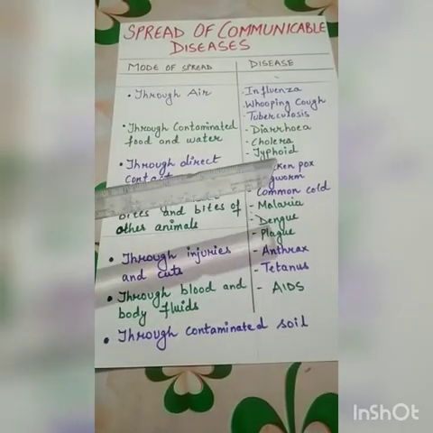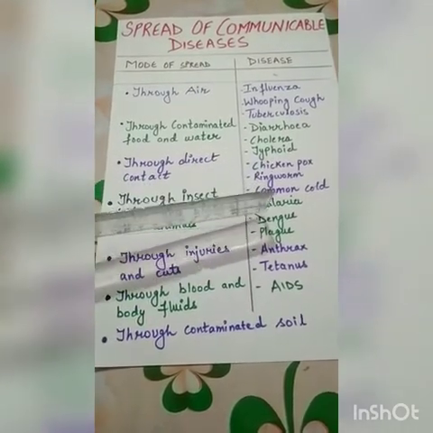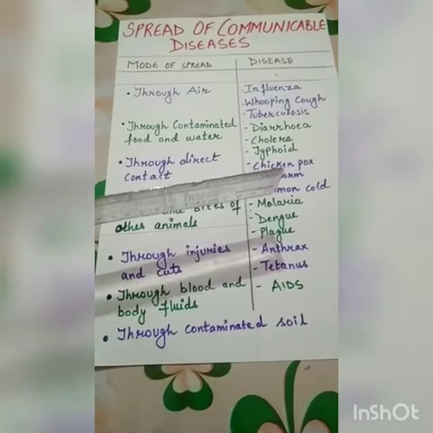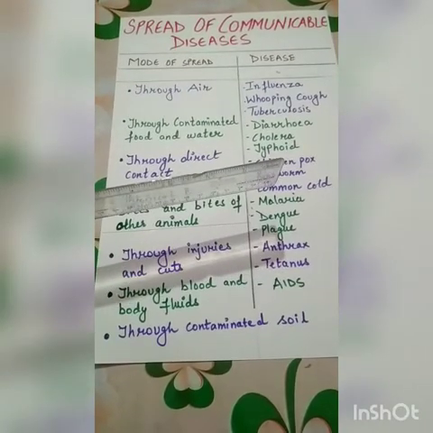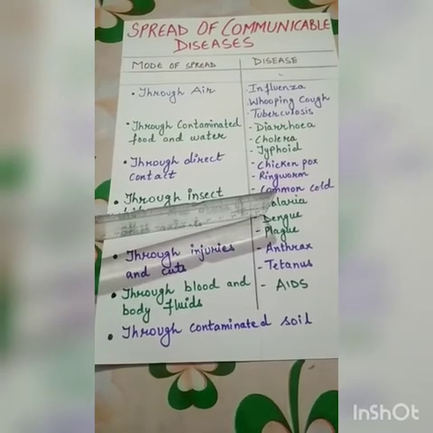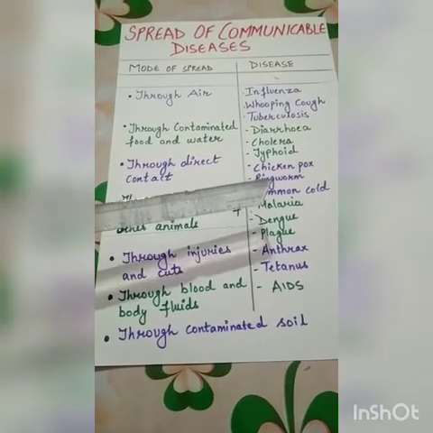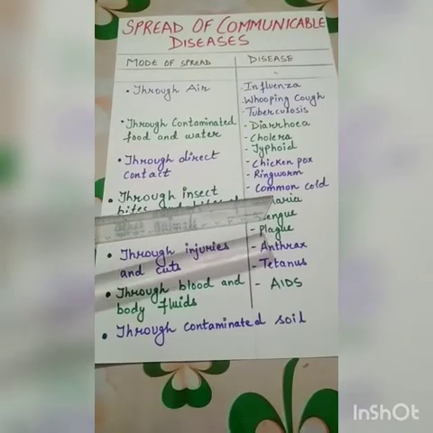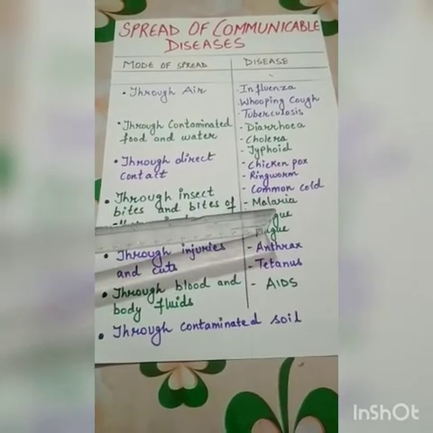Malaria is caused by the parasite Plasmodium carried by the female Anopheles mosquito. Dengue is spread by the female Aedes mosquito and plague by fleas.